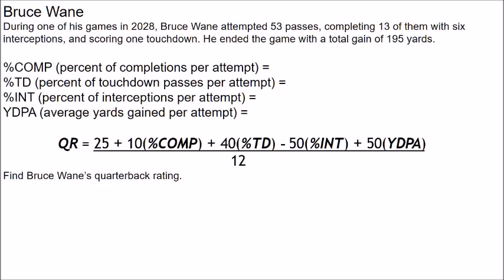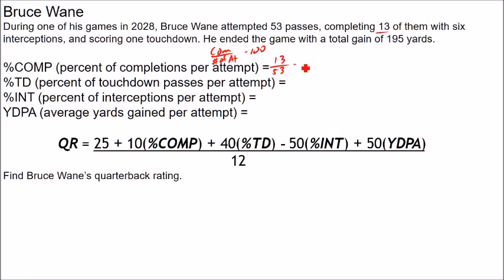All right, for the percent completions, that is the number of completions divided by the number of attempts. And then we're going to change that into a percent, so we're going to be multiplying it times 100. Okay? So as far as the completions, it says he has 13 completions divided by the total number of attempts, 53.